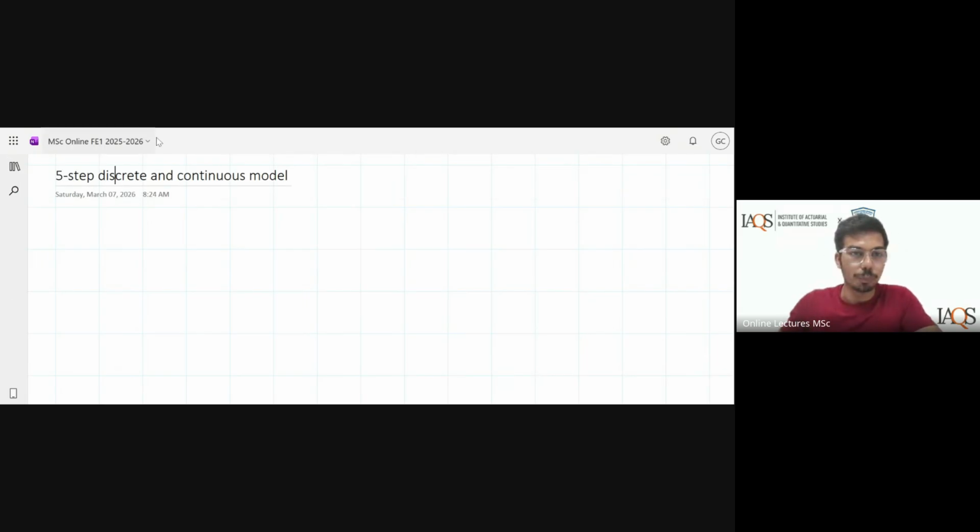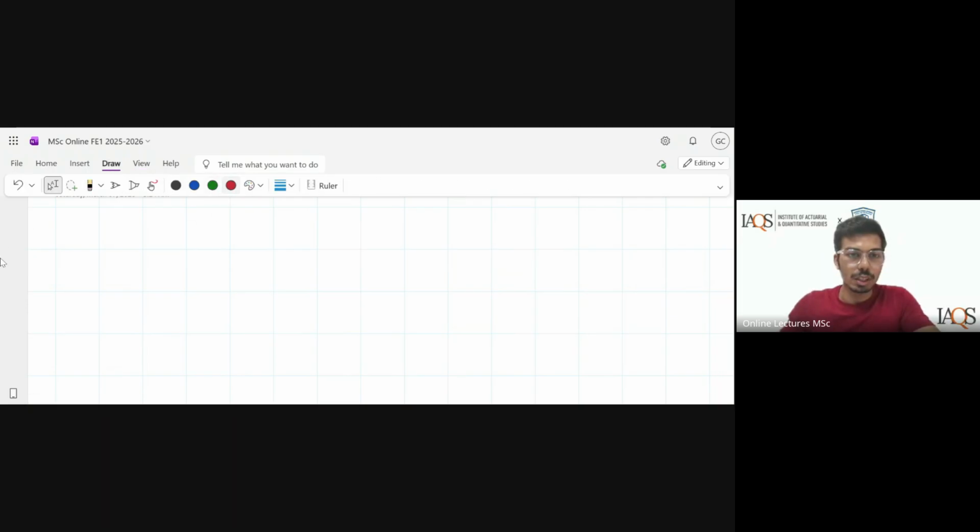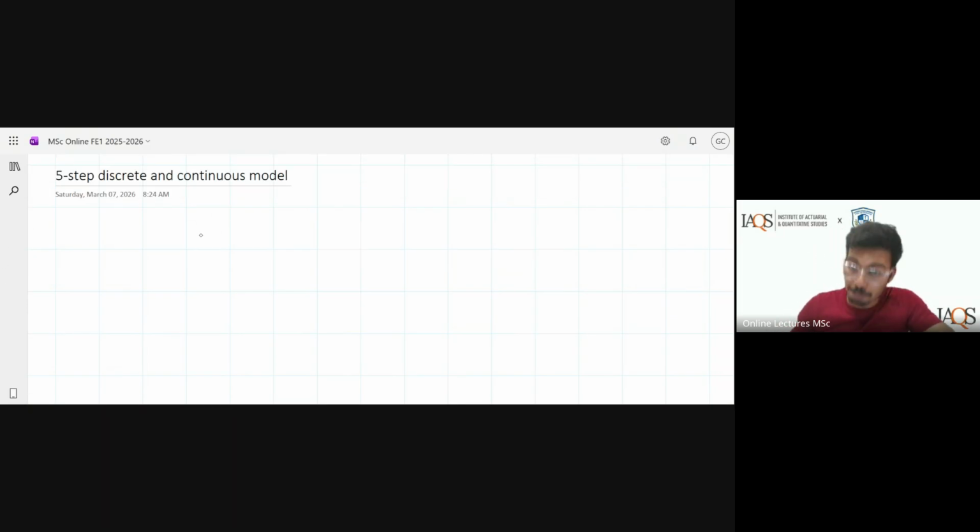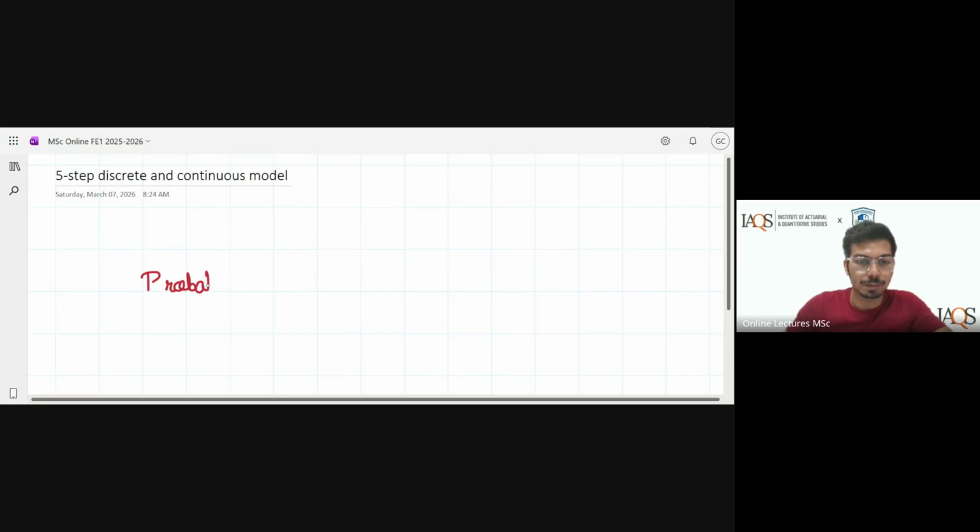All right. So, as written, the chapter is part of the IQ syllabus objective. It's called Probability Measure and Risk Neutral Pricing.